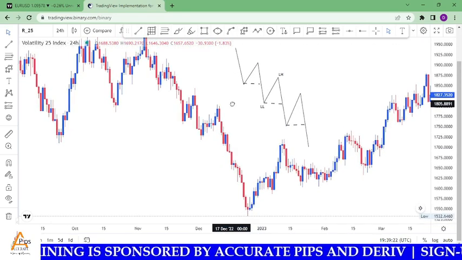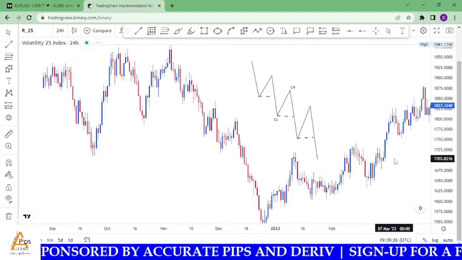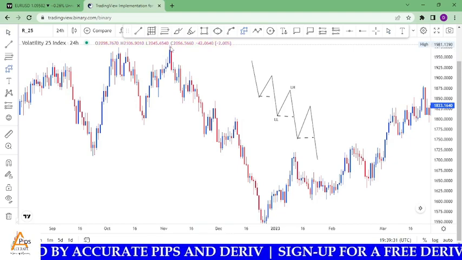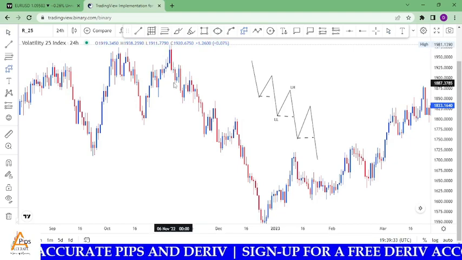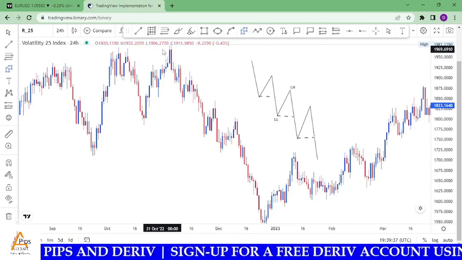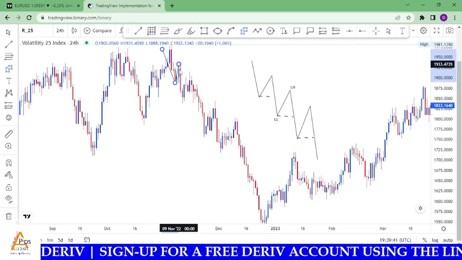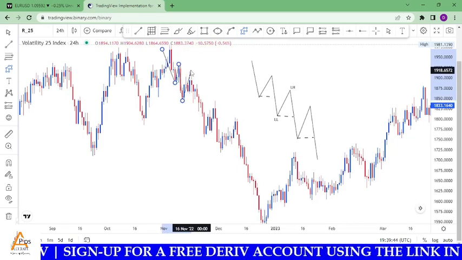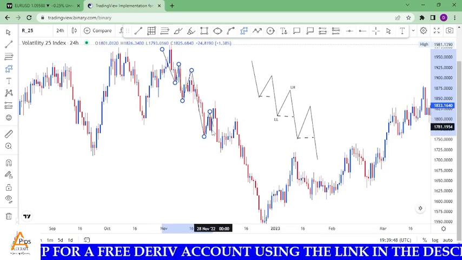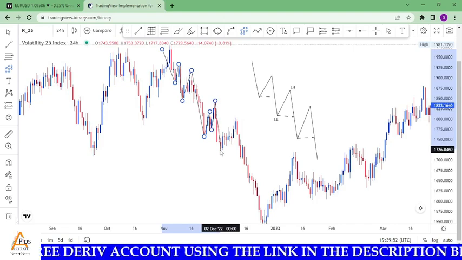Now when we come to the chart, let's pick from this point to the point here. So this is the first point. Then we have this movement in the market. That area is an internal structure.